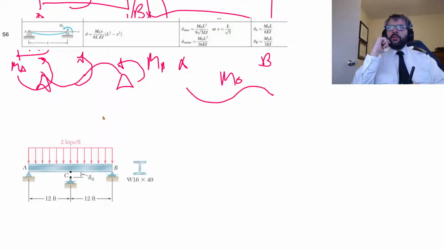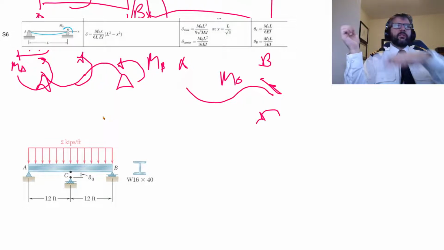So if this thing is sloping like this due to the applied moment, then the rotation applied at B to counteract that would be this way.